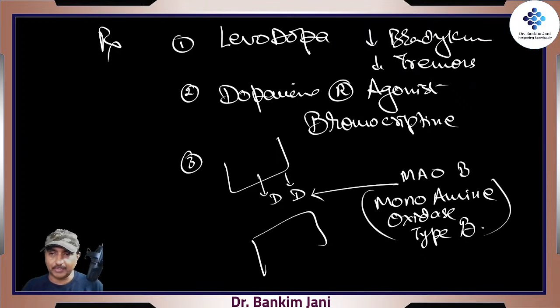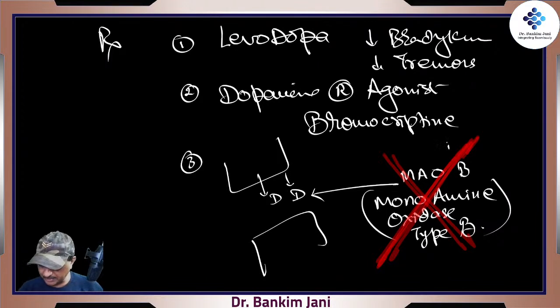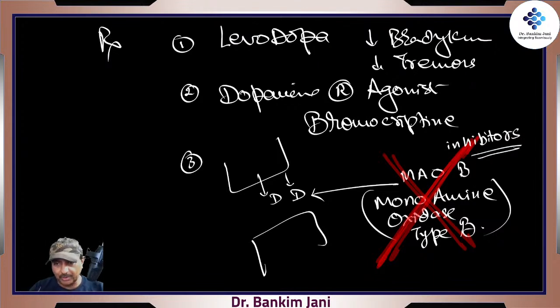What if we use something which will inhibit them? So they are called MAO inhibitors. They are pretty well tolerated, and because the dopamine will not be destroyed, it will continue its life cycle for more time. So that way it would be more effective, right?